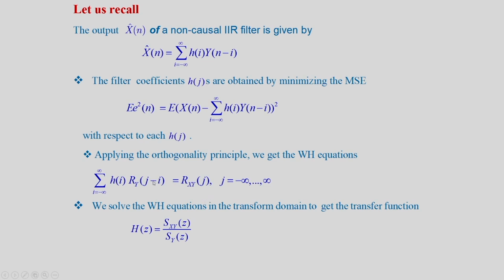By applying the Z transform, we get this relationship: H(z) is equal to S_xy(z) divided by S_y(z), that is the cross power spectral density divided by the power spectral density of the observed data. So, this is the Wiener filter relationship in the case of the non-causal IIR Wiener filter, and this is quite simple.